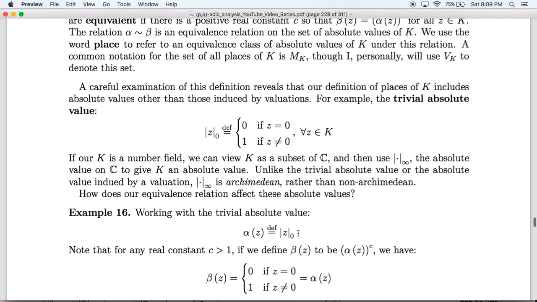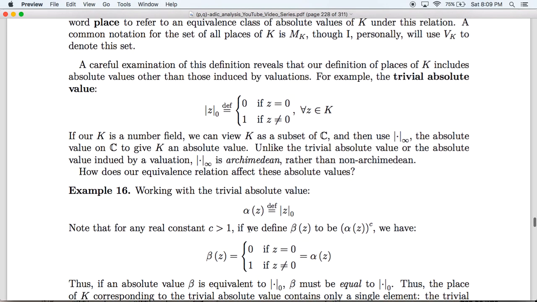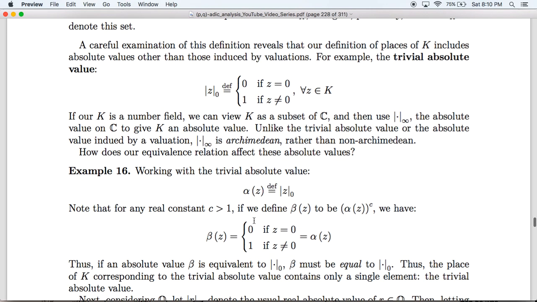Well, just as an example, working with the trivial absolute value alpha, note that for any real constant c greater than 1, if we define beta of z to be alpha of z to the c, we then have that beta of z will be equal to 0 or 1, based on whether z is 0 or non-zero, and then that means that beta is equal to alpha.